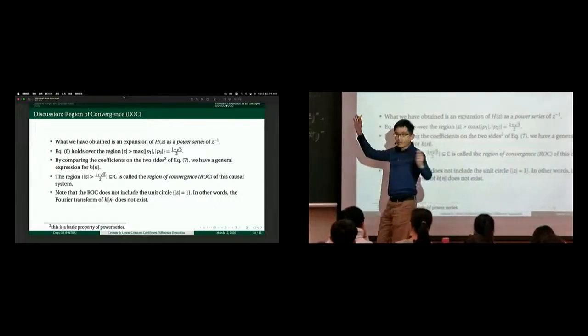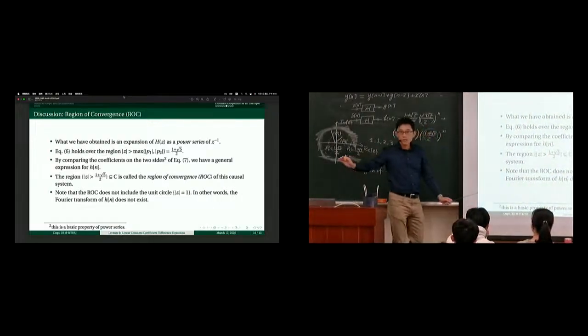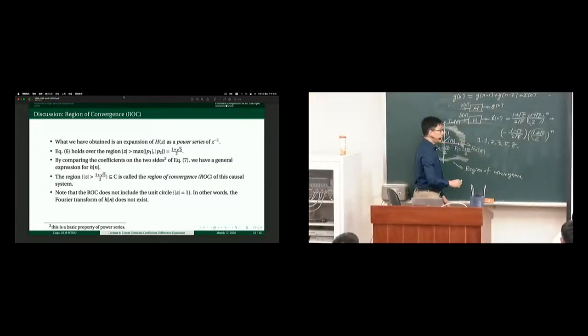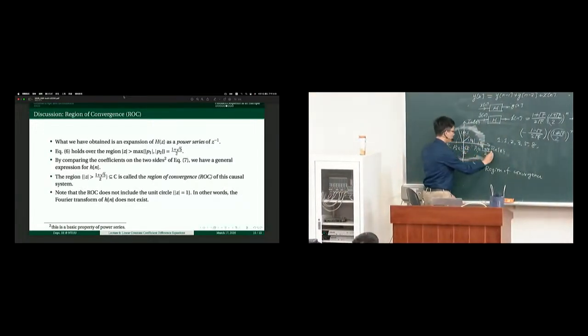Does that include the unit circle? And where is the unit circle? Because this radius is actually greater than 1, the unit circle is a smaller circle right here. That's the unit circle, somewhere right there.